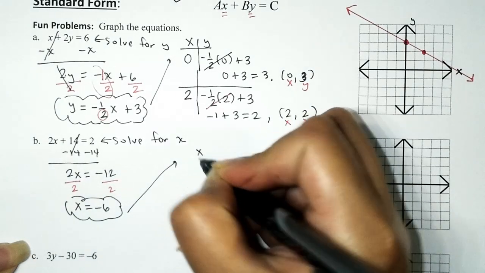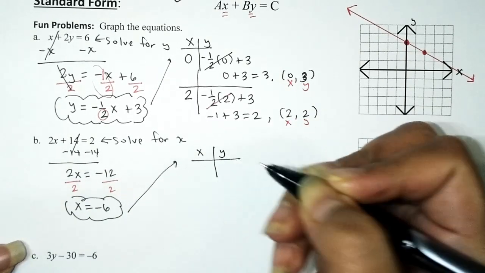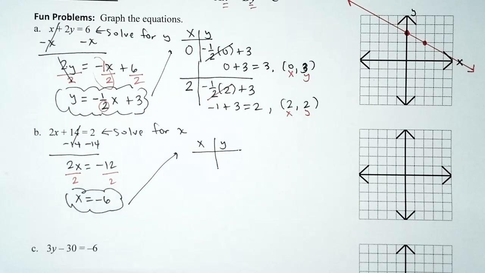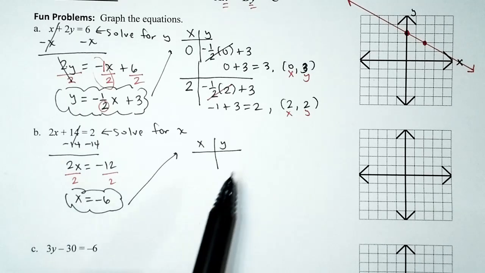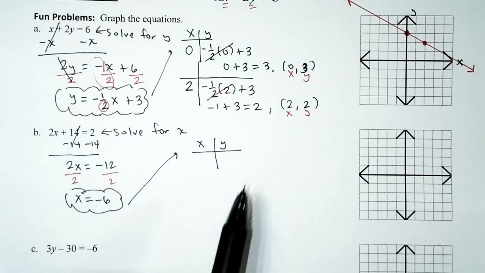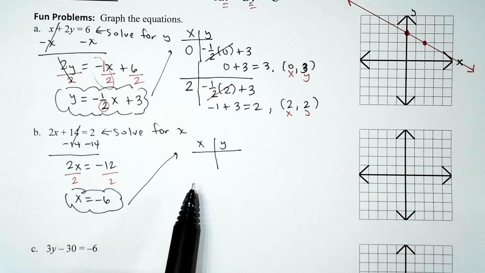So in this case, let's go ahead and do our table of values. So now, bear in mind that unlike the previous equation, this equation doesn't have both x and y variables. So my thought process right here may be a little bit different. For me, I'm trying to pick random values of x.